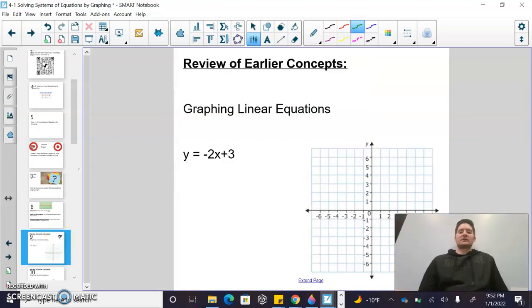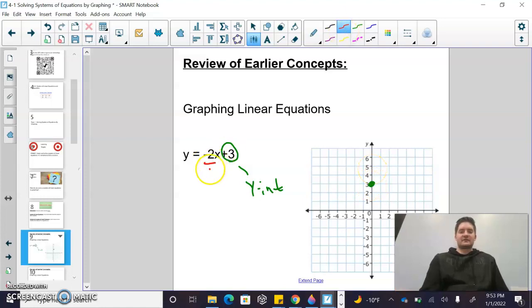So let's review some earlier concepts of just graphing linear equations. Really this lesson is just taking what you learned in the second unit and applying it with more than one linear equation. A refresher, this is your y-intercept. You're going to find positive 3 and graph that right there.